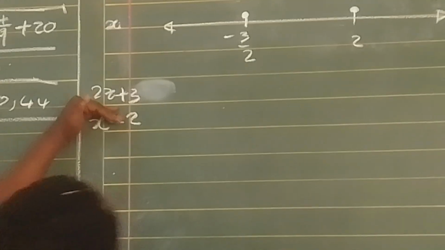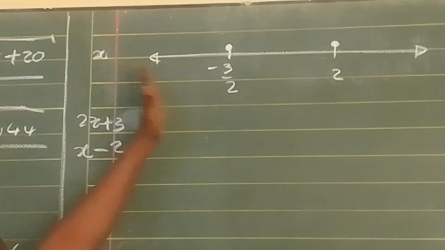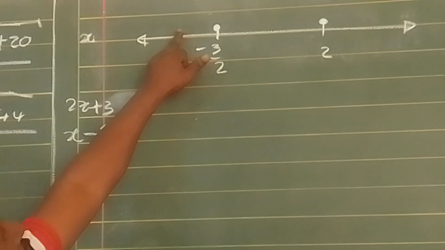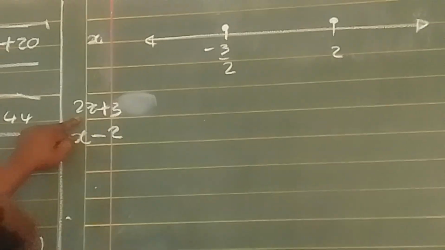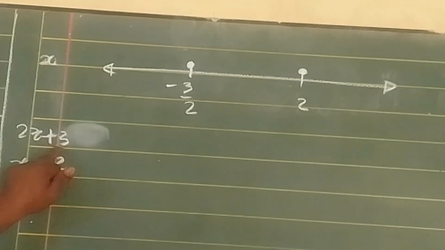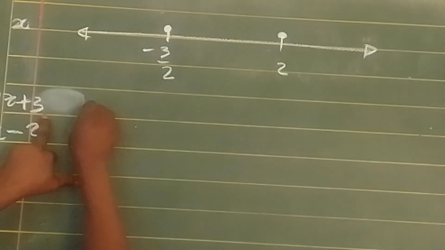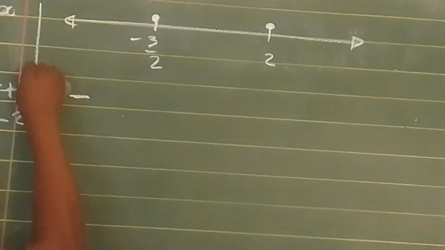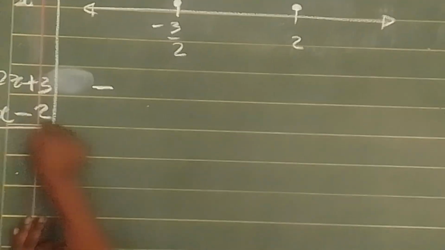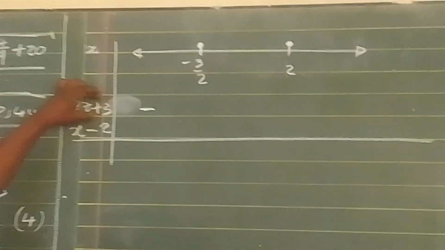Then we come and use this 2x plus 3. We find any value just before 1.5. Let's say minus 2. A minus 2 times 2 is minus 4. Minus 4 plus 3 is minus 1. You put your minus here. Then you're still using 2x plus 3.